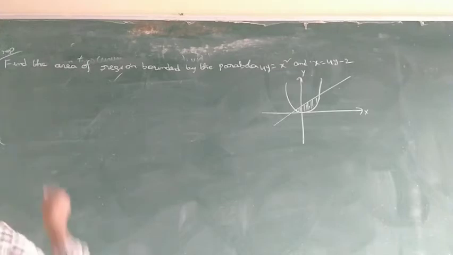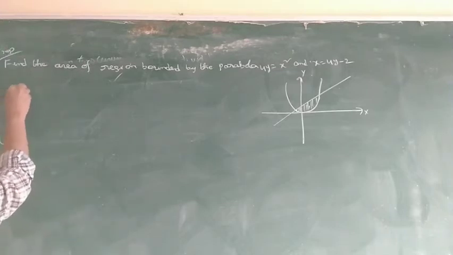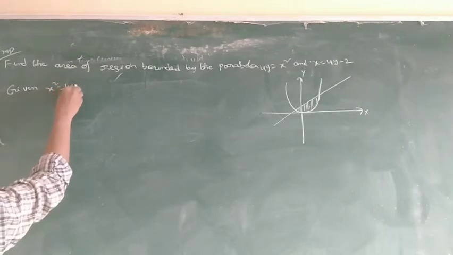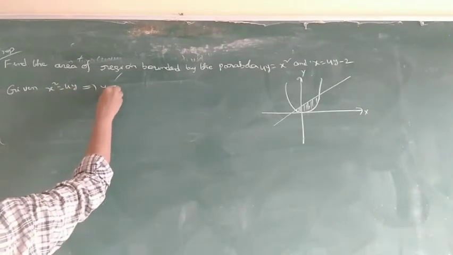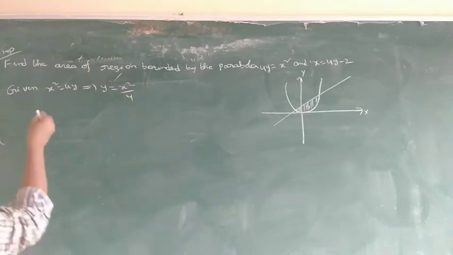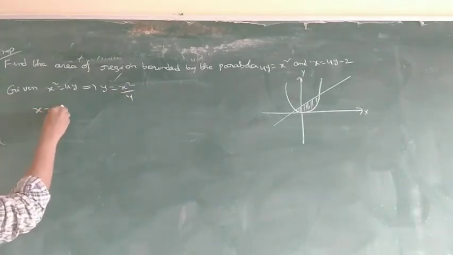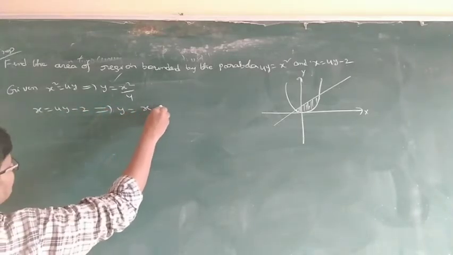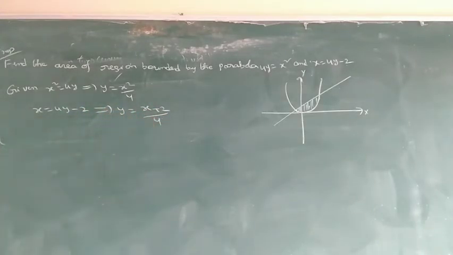So first of all, given x square is equal to 4y, that implies y is equal to x square by 4. Next, the second one, x is equal to 4y minus 2, that implies y is equal to x plus 2 by 4.